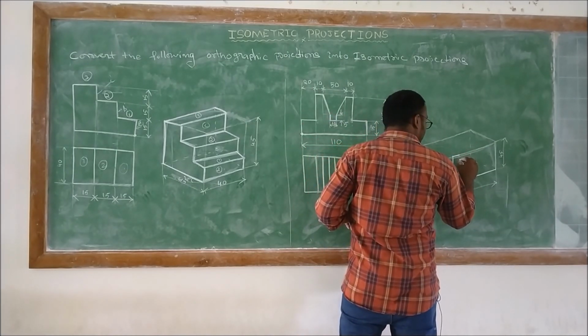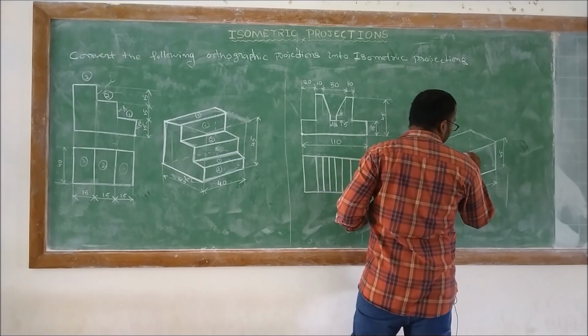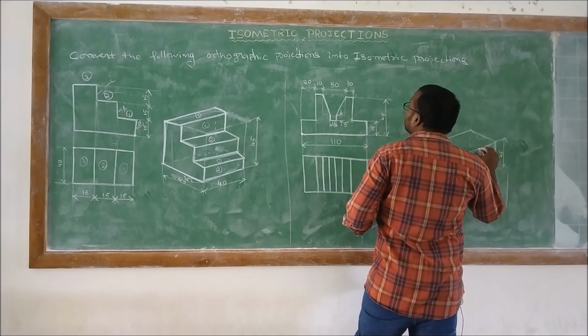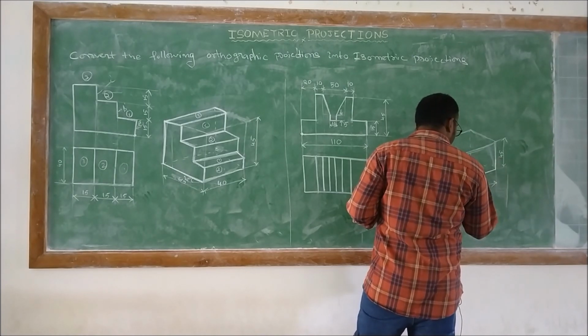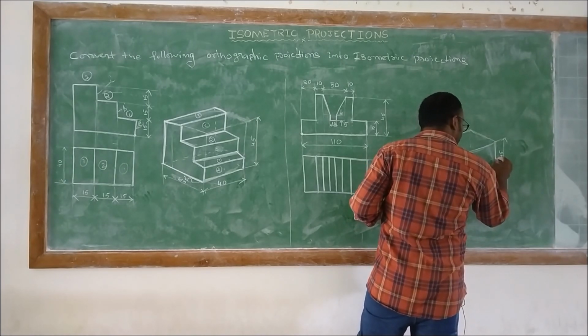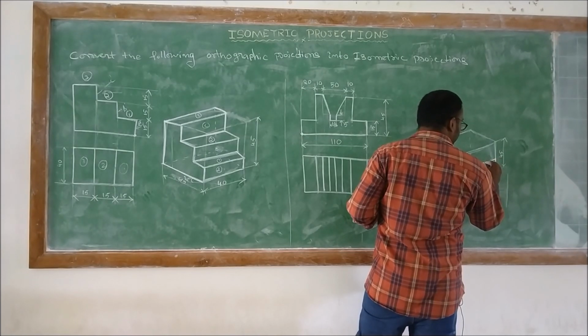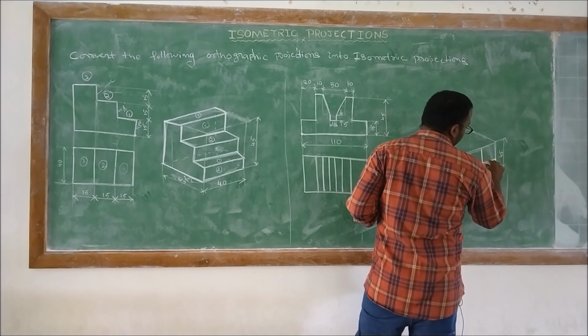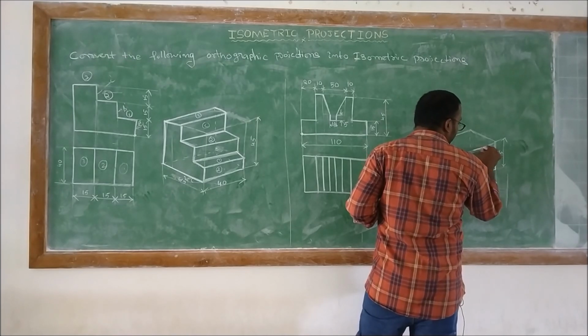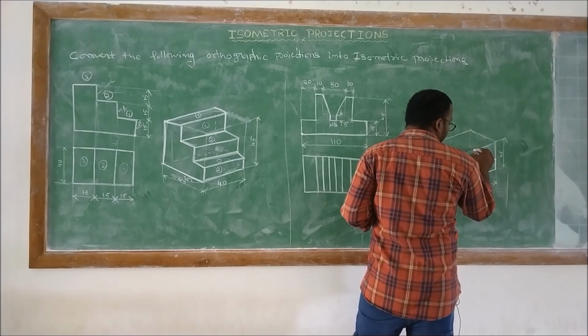Then the vertical line from here, and then here to here it is 15, and then 20, and then the vertical line, and then a 10 mm horizontal line.